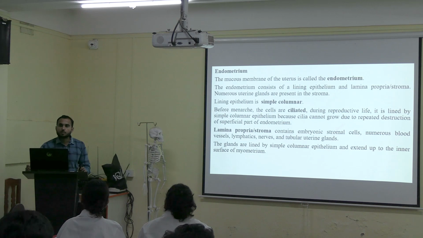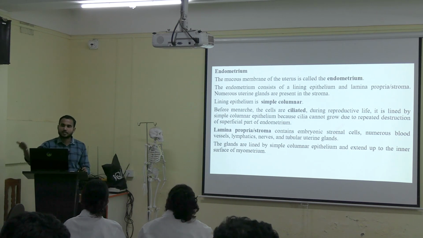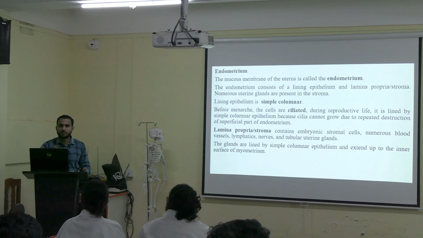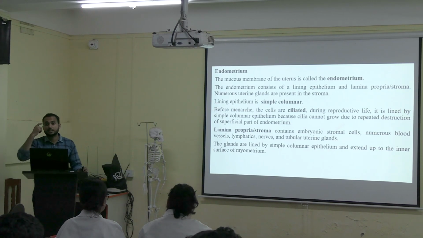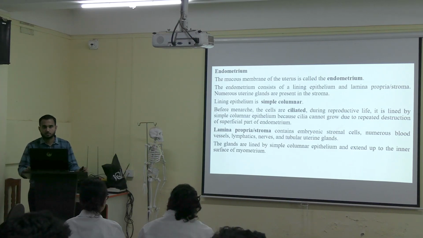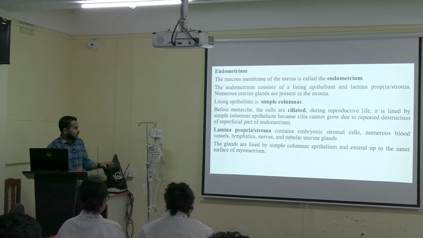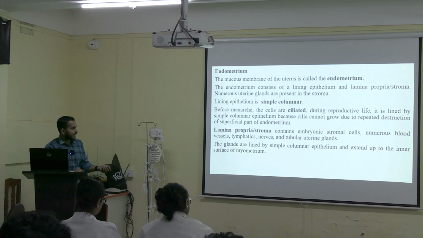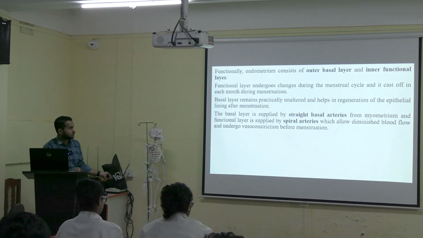In the post-menstrual phase, proliferative phase, and secretory phase, the shape, size, and content of the glands are different, and it can be identified easily under the microscope. Now, glands are also lined by simple columnar epithelium, and these glands extend into the inner surface of the myometrium.